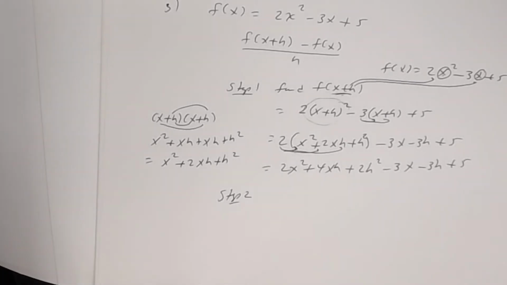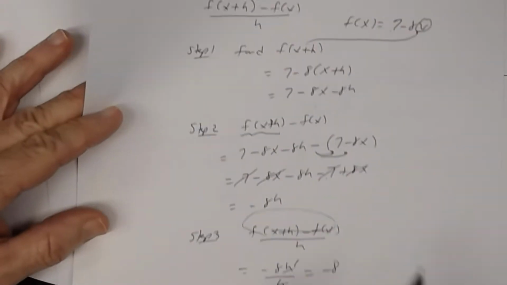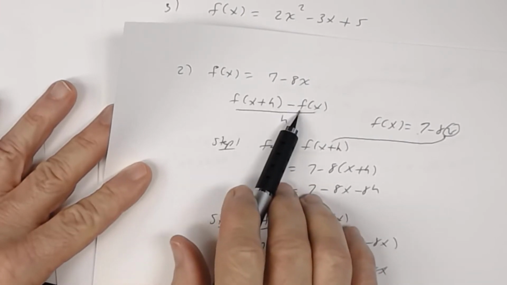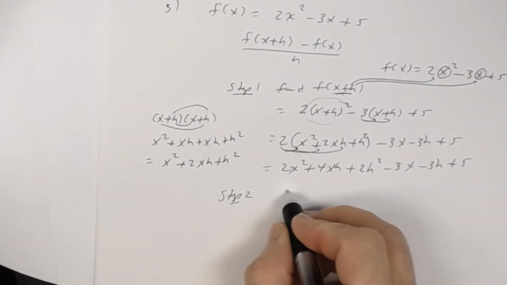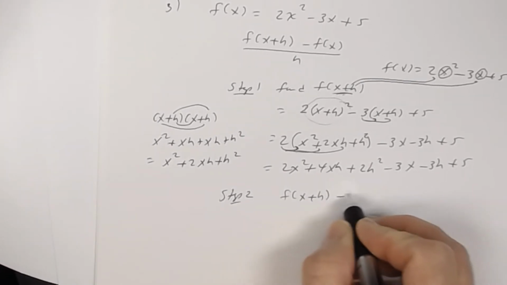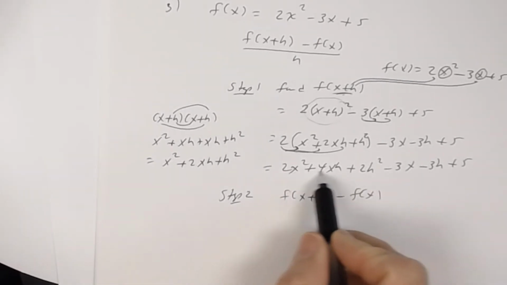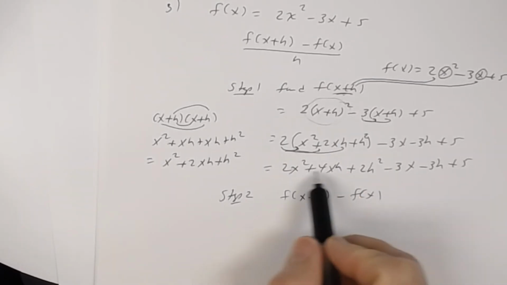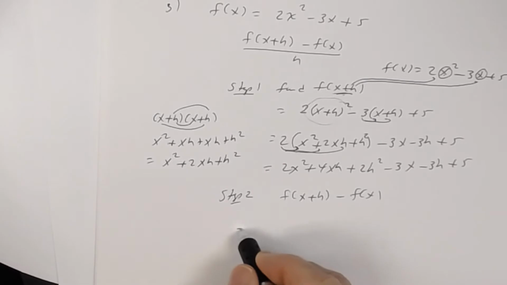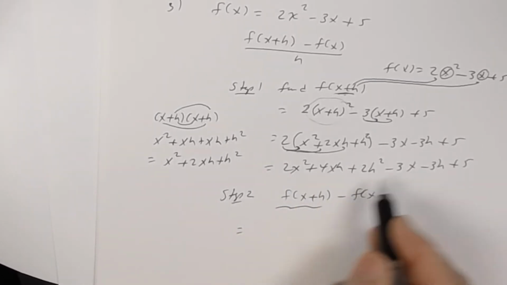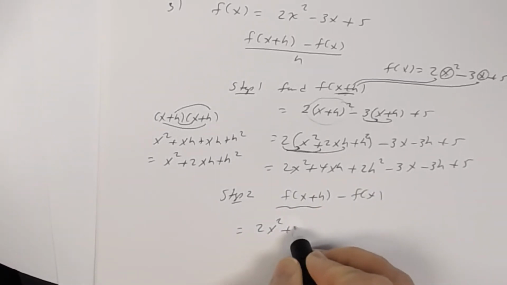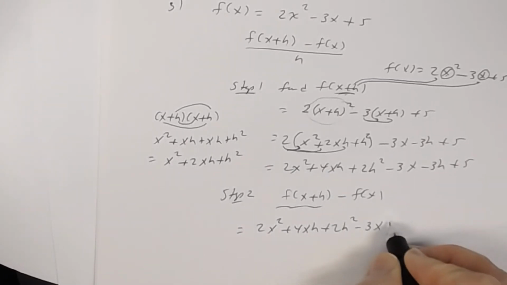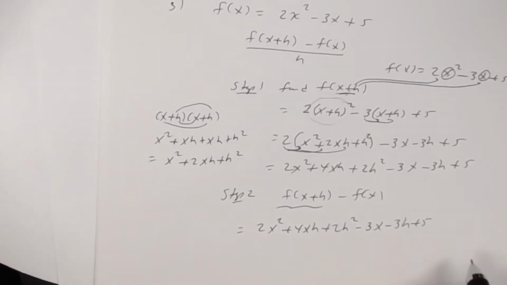All right, step 2. Remember, in step 2, that's where you found your numerator. You found step 1, now you're going to subtract your function. So in step 2, you're going to say f of x plus h minus the function. This is your f of x plus h right here: 2x squared plus 4xh plus 2h squared minus 3x minus 3h plus 5.